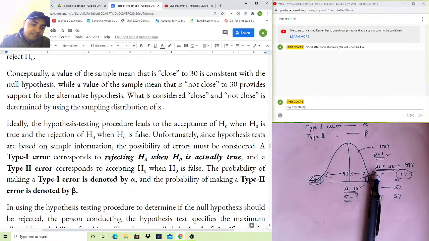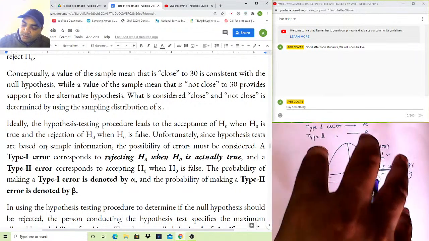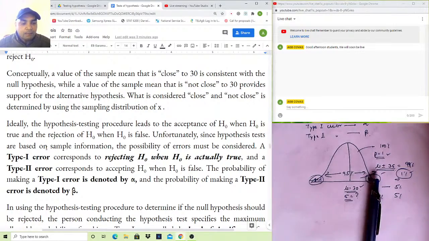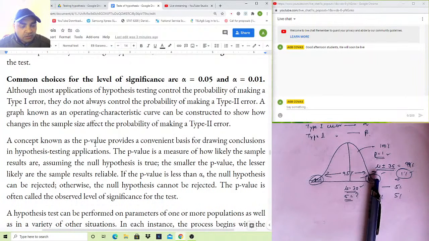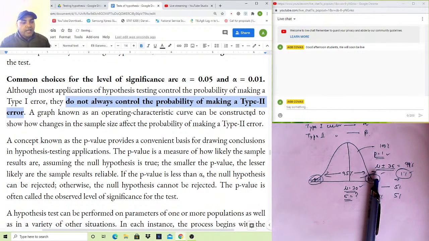And in 5% chances are there that we may reject the null hypothesis when it is actually okay, as per the probability of the distribution of the samples, right? So basically, we have a control over the type 1 error, but we do not always have control over the probability of making the type 2.